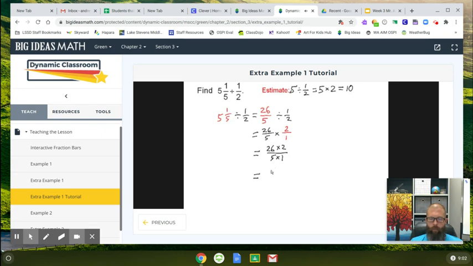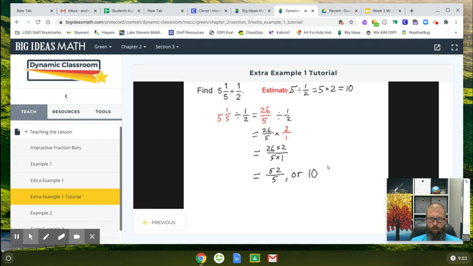So we have an answer as an improper fraction, 52/5, but let's simplify this by writing it as a mixed number. Divide the denominator 5 into the numerator 52. It goes 10 times with a remainder of 2, and then keep the denominator 5. So the answer is 10 2/5.